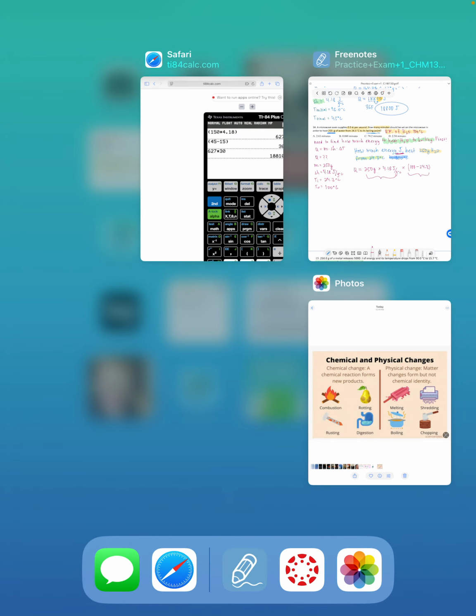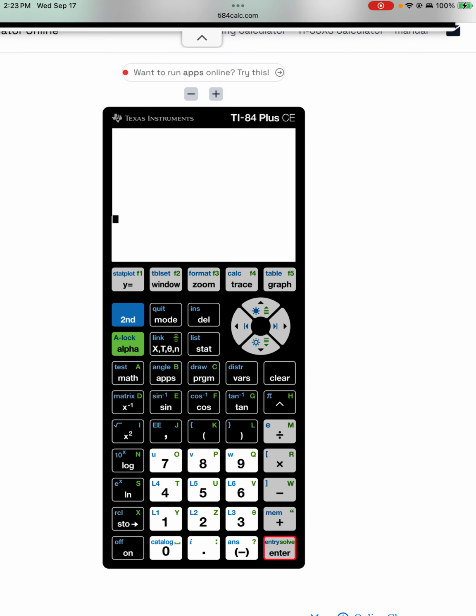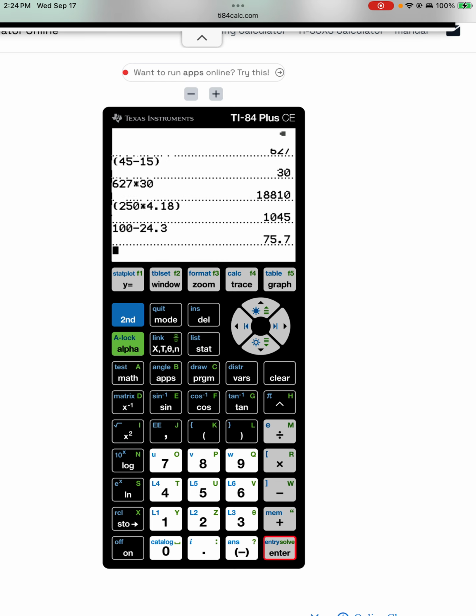All right, so we're going to go to that calculator. We plug in our information: 250 grams of water times its specific heat, and that gives us this answer. But we need our change in temperature, which was 100 minus 24.3.